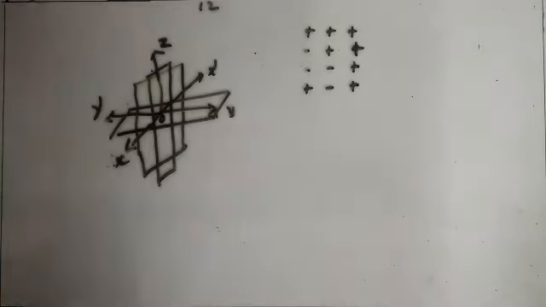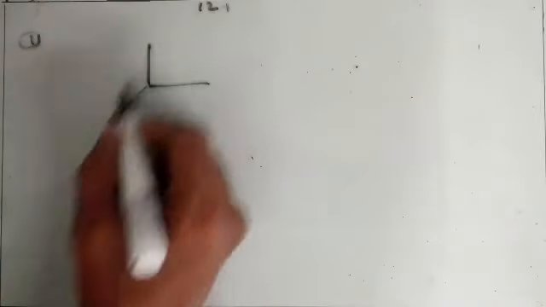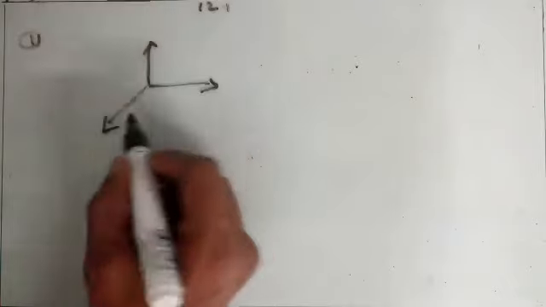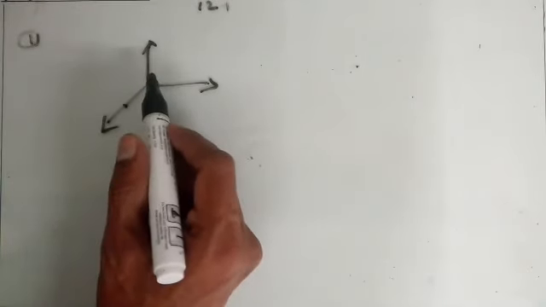Now here we solve some questions of exercise 12.1. First question, a point is on x-axis, what are its y coordinate? Here point lies on x-axis, so y coordinate and the z coordinate both are 0.